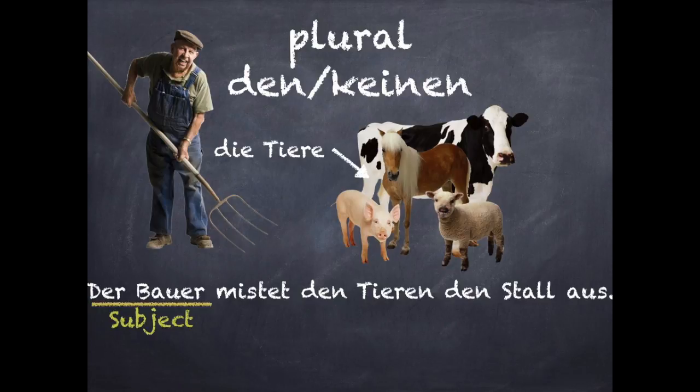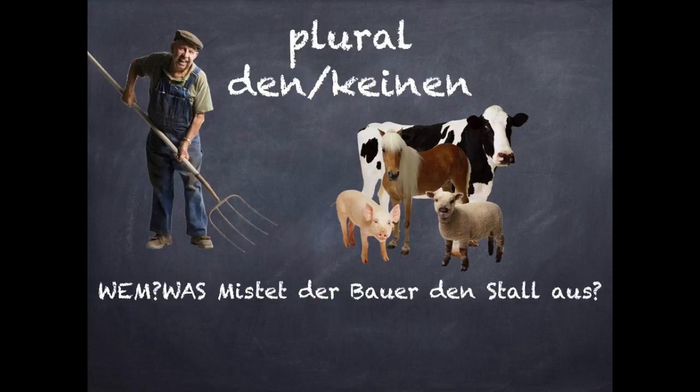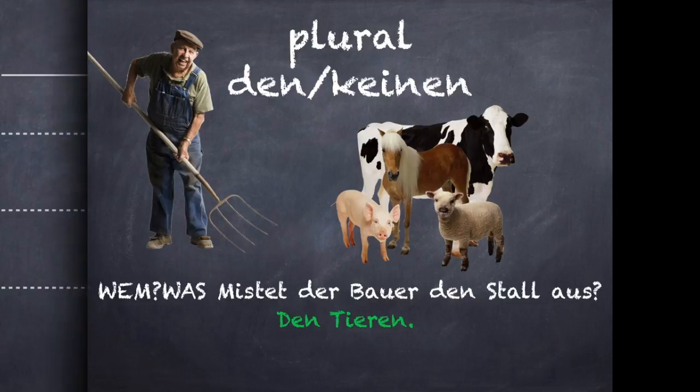So the subject is still the Bauer, our direct object is still den Stall, and then den Tieren is the indirect object. Also, some plural nouns will take an extra N ending, as we see here. Wem oder was mistet der Bauer den Stall aus? Den Tieren.